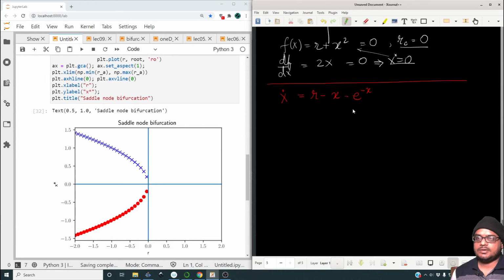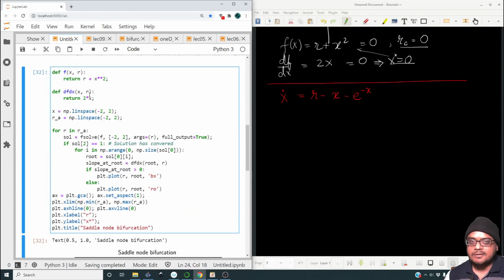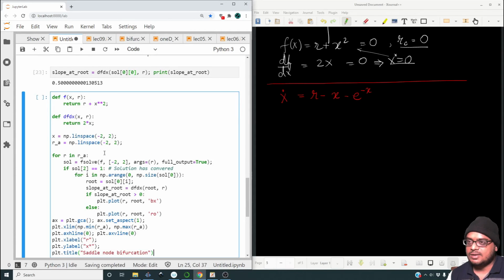Okay, let us try to see what the bifurcation diagram for this looks like. Because we have already written the code, we can simply modify our function and the derivative for having this kind of an output. So let me copy this entire cell and make a new cell.